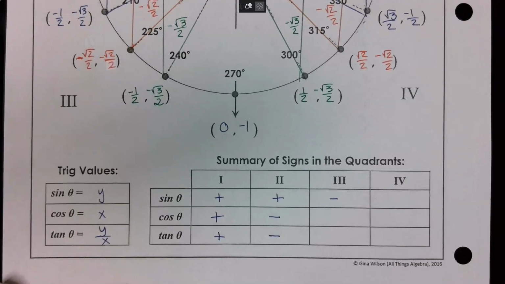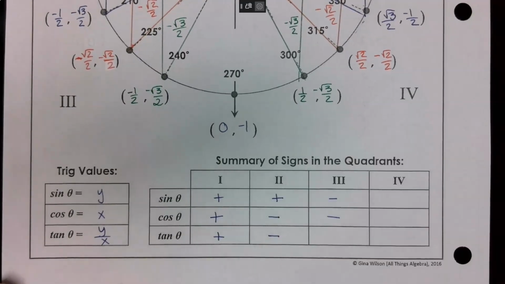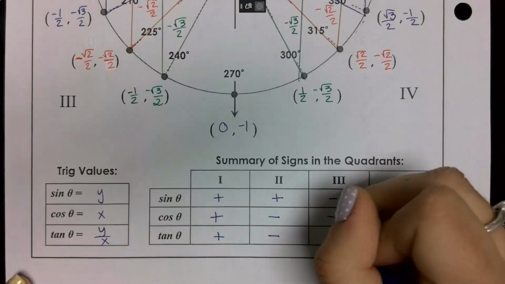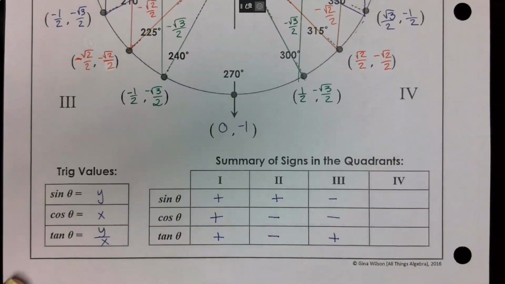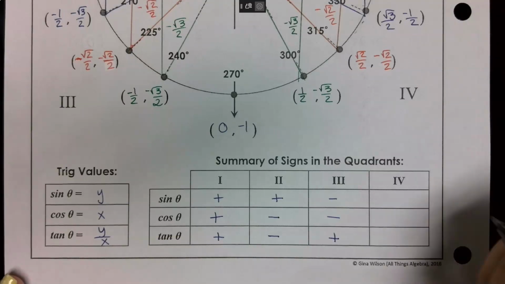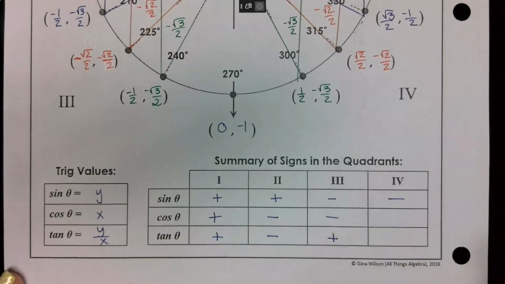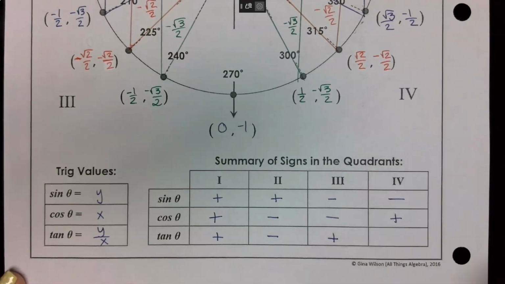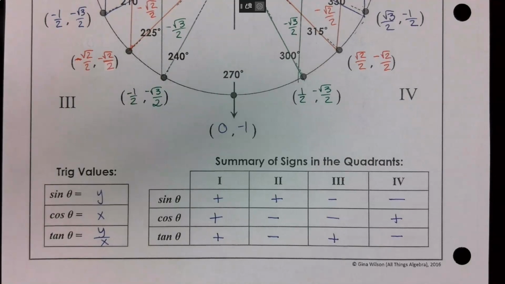Cosine is negative. Negative divided by a negative is positive. So in my last quadrant, sine is negative, cosine is positive, and then a negative divided by a positive is negative.